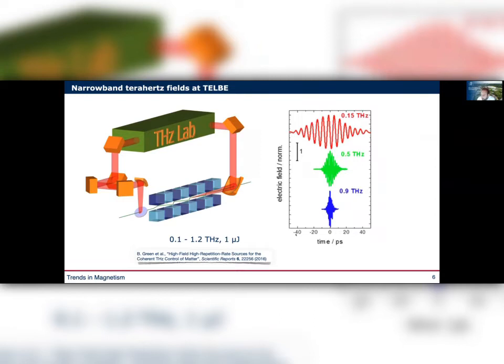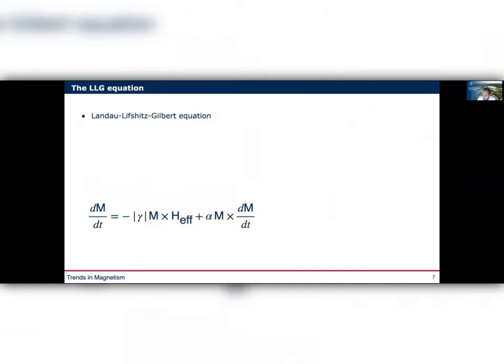Okay, so why did we use this machine? The reason is that we wanted to better understand what I would say is probably the most famous equation of magnetization dynamics, the Landau-Lifshitz-Gilbert equation. I don't know if I'm saying something historically incorrect, and I don't know if Heisenberg would agree.